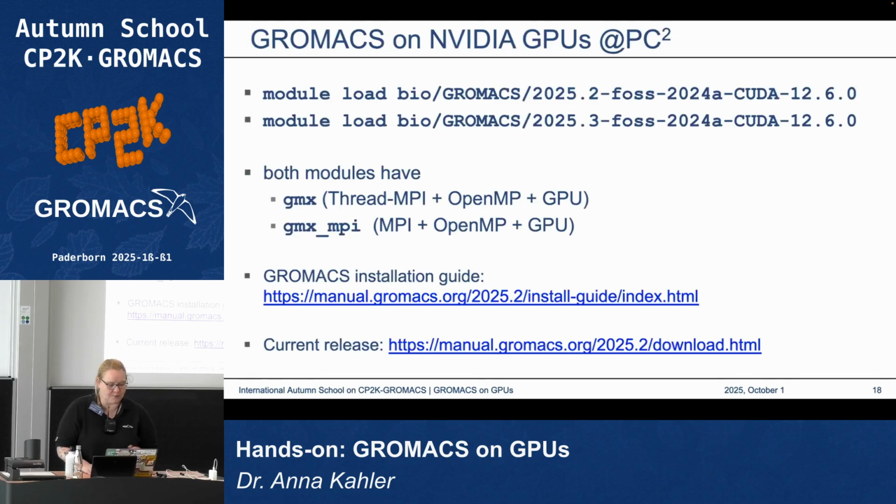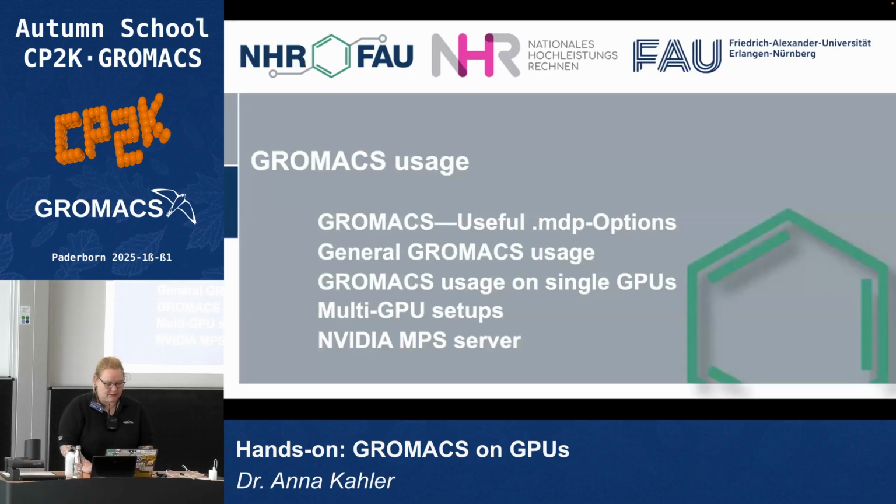The GROMACS versions that are available are these two that we're going to use. It's GROMACS 2025, the newest version that is available. Both modules have the thread MPI GROMACS version and the real MPI GROMACS version. They are invoked a bit differently, but I have examples for you in a minute. And these other things I have already shown you.